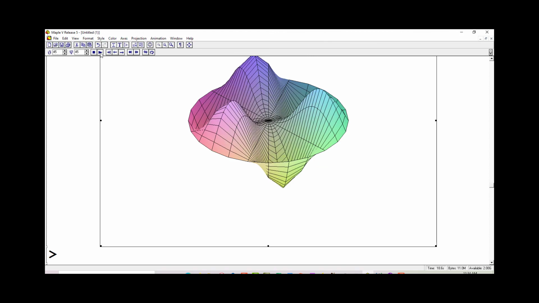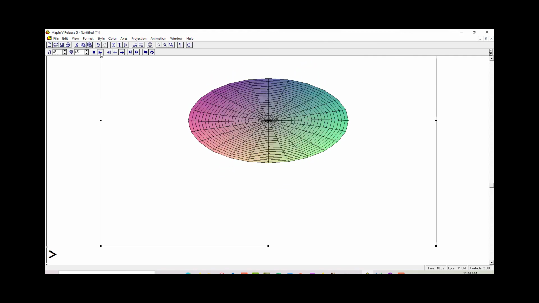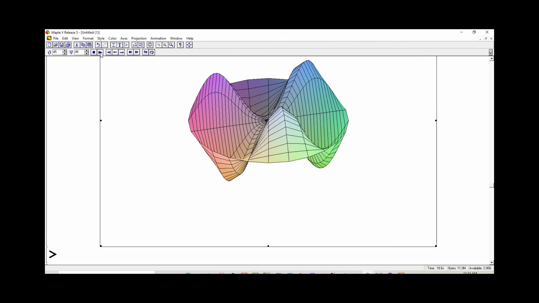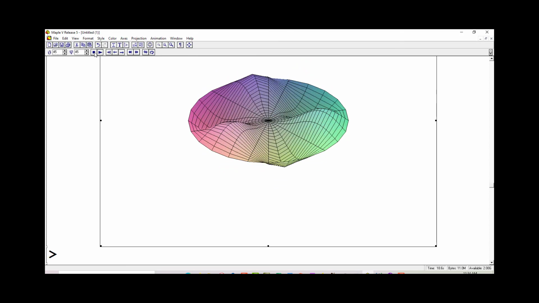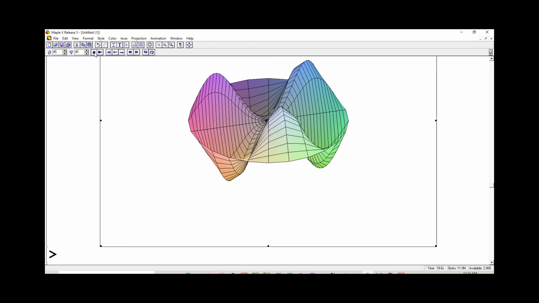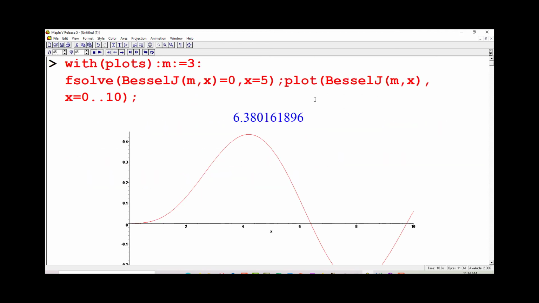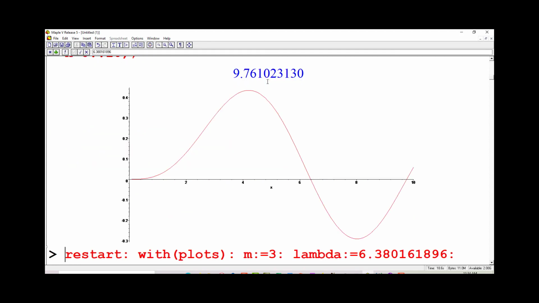Now we have 3 hills and 3 valleys. So you can see that by choosing different roots or different values of m, you can get different solutions. Second root looks like it's pretty close to 10, about 9.8.